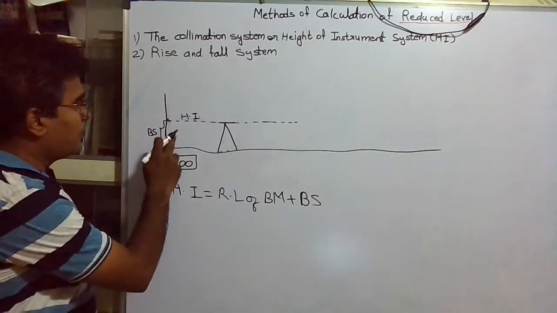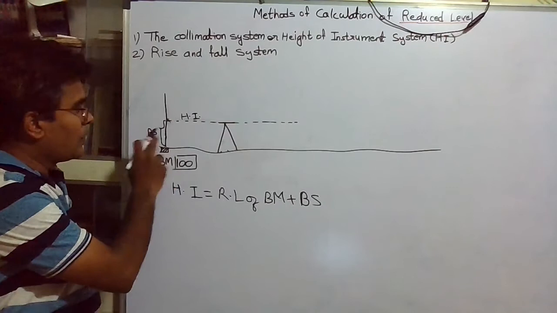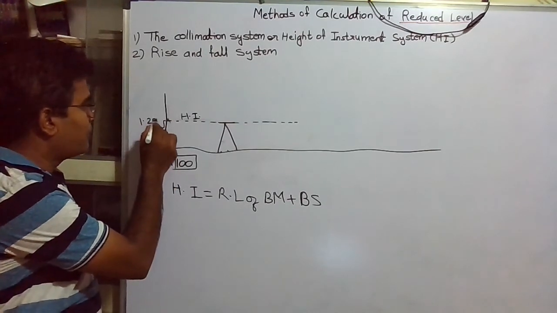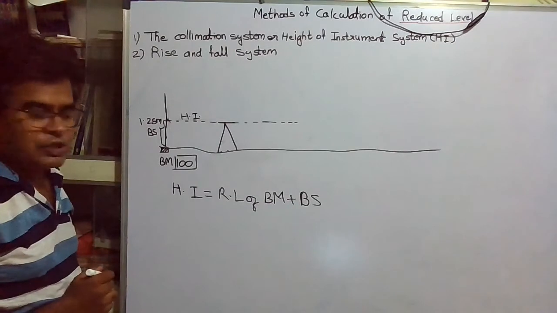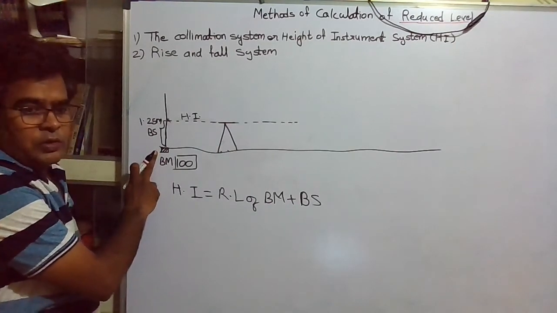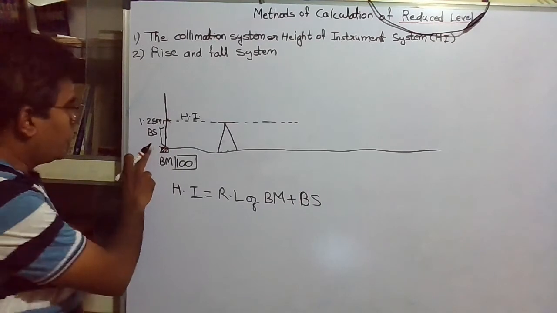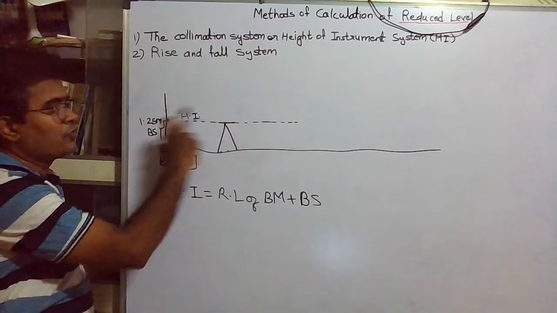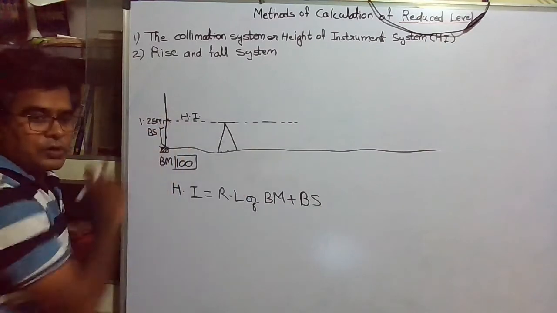Suppose for the first setup of the instrument, we get the backside reading as 1.25 meter. So what will be our HI? The RL of the benchmark we know is 100, and above this our instrument axis lies at a distance of 1.25 meter.